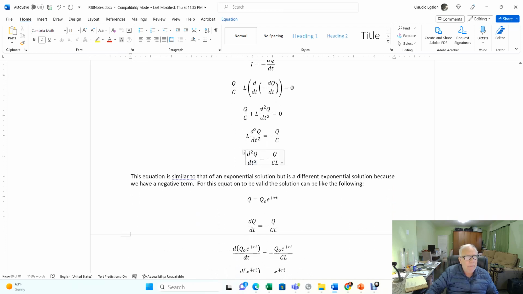And now again, notice how this equation behaves, right? When we differentiate it twice, we get the same function times a constant with a negative sign.